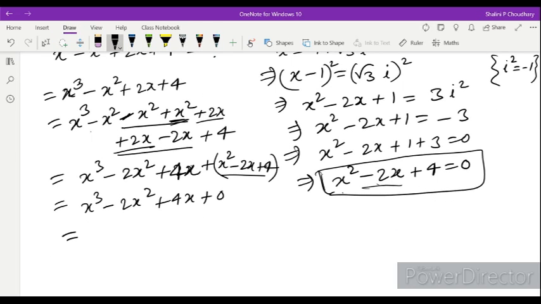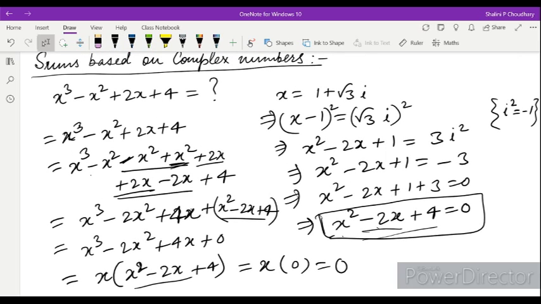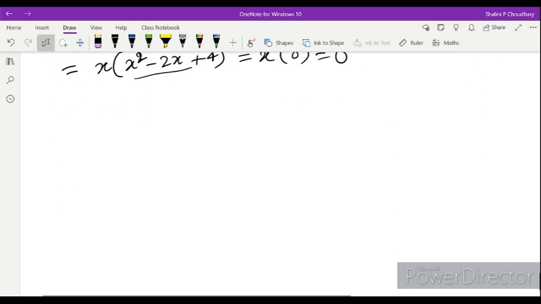Now this should be equal to x, if we take common, then it will be x square minus 2x plus 4. And as we know that x square minus 2x plus 4 is equal to 0, so x into 0 will be equal to 0. So what value are we getting for this one? We are getting 0.